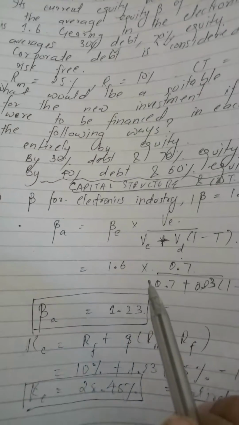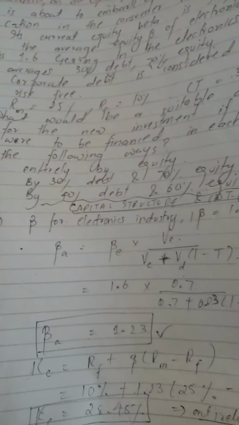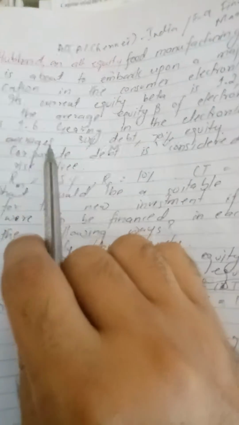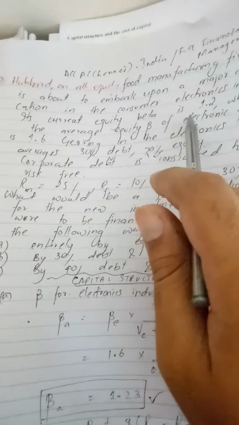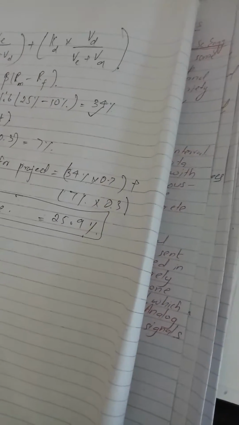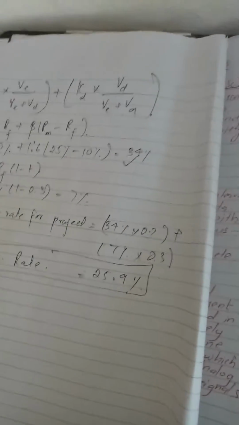We have calculated 1.6 and 1.2. First of all, we have to calculate the asset beta for the electronics company. How would the asset beta be done?